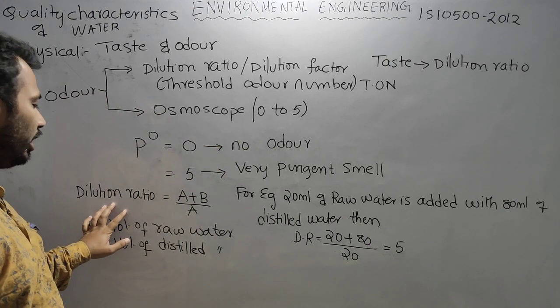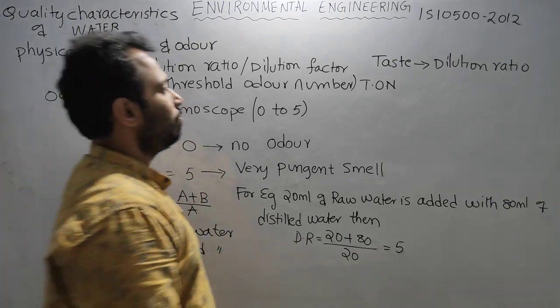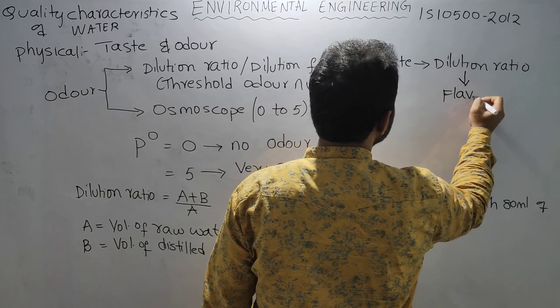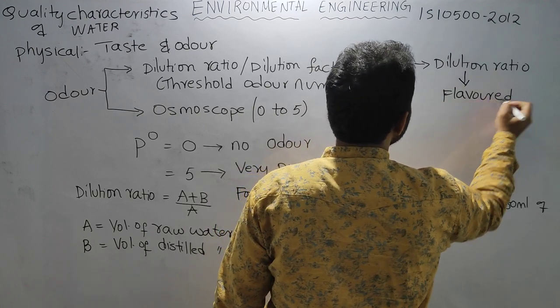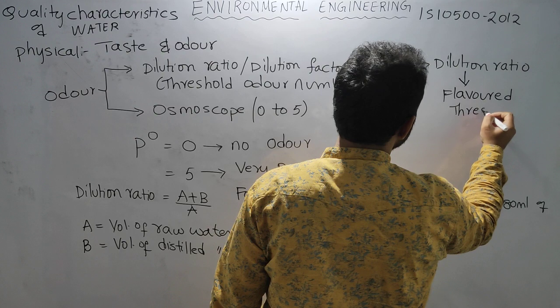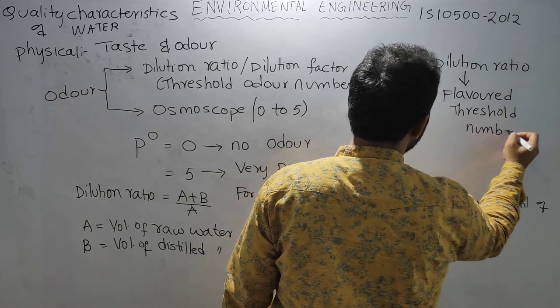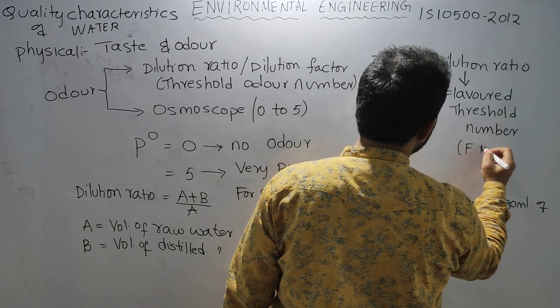When you use the same dilution ratio for taste, then we call this the flavor threshold number, that is FTN.